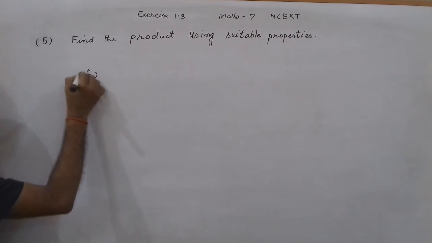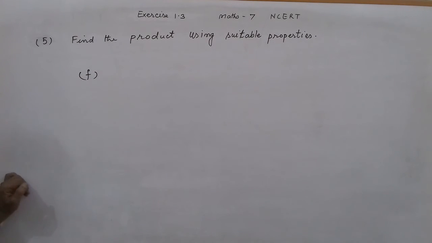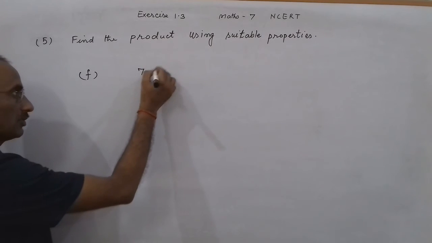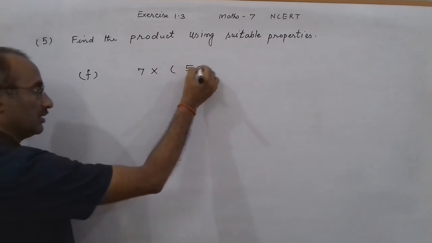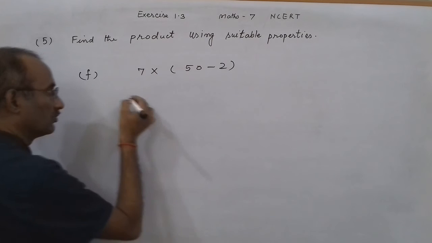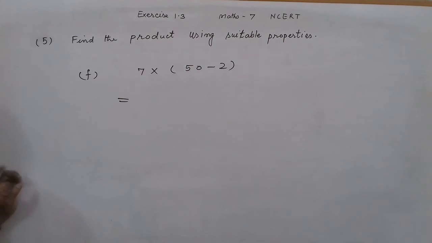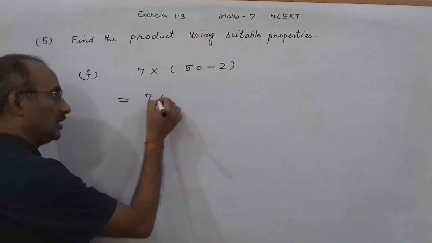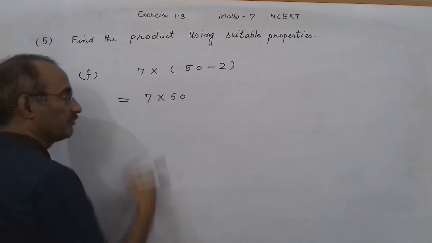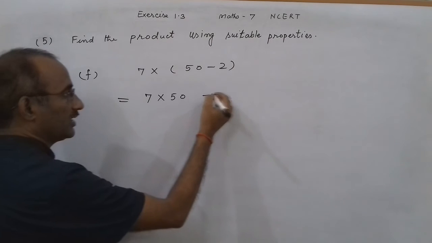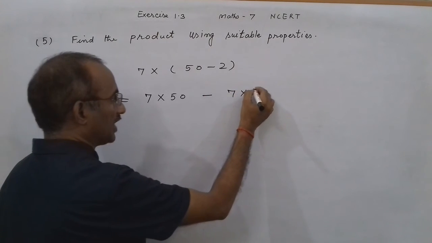The question is 7 multiplied with 50 minus 2. So using the distributive property, 7 is multiplied with 50 minus 7 is multiplied with 2.